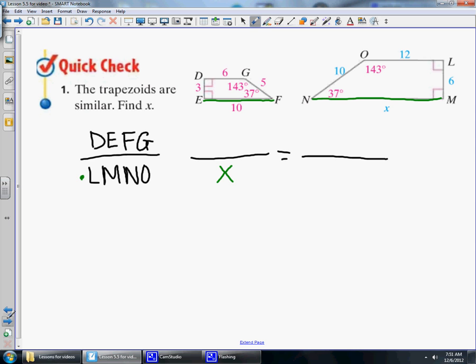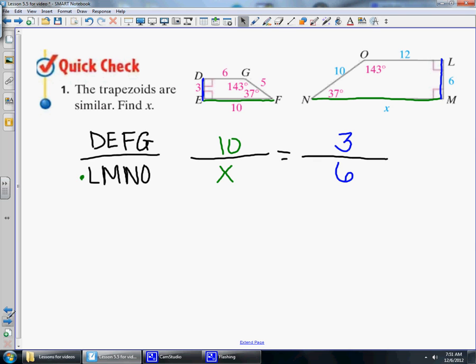So that from trapezoid DEFG is 10. Then we pick two sides from the two trapezoids that are corresponding. So we can say the side that connects the two right angles, LM, which is 6, that's going to go in the denominator. And then this side right here, DE, corresponds to that, and that's 3.